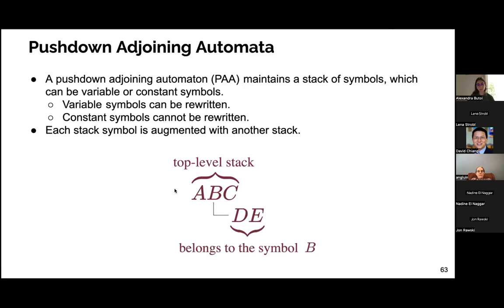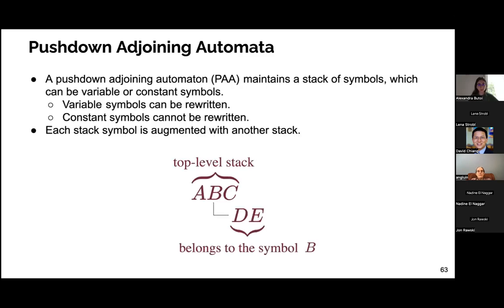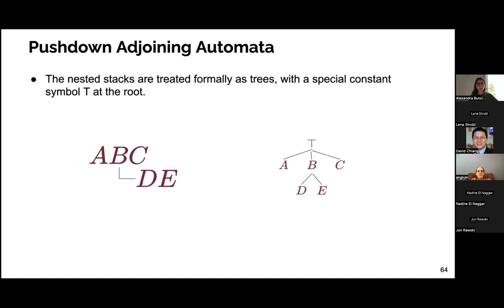So in here, we have a top level stack, which is ABC, where the top of the stack is A, and then B is augmented with another stack, which is DE, and A and C are augmented with empty stacks. We treat the stacks in a pushdown adjoining automaton as nested stacks, but formally they can be thought of as trees, where the root is labeled with a special symbol.